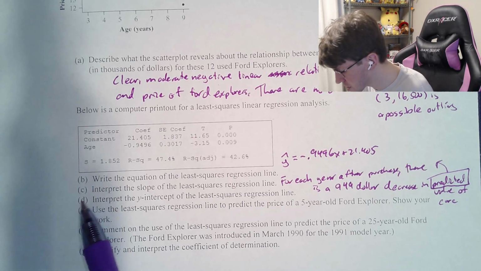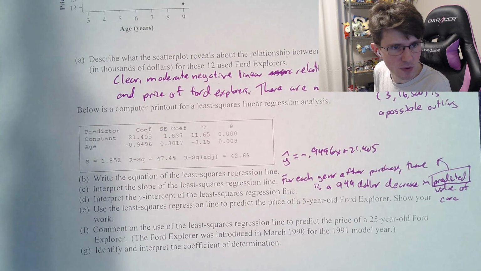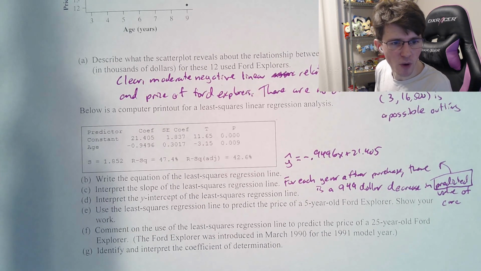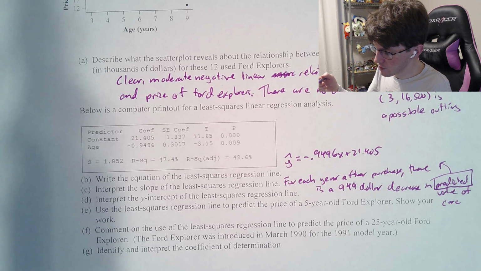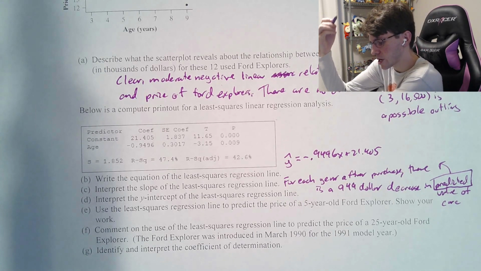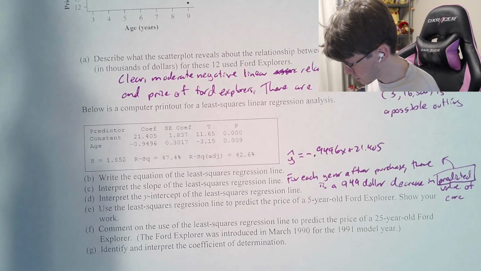For the y-intercept, I'm totally out of room for even writing this down, but what's that going to mean? The y-intercept is going to mean, in this case, if the Ford Explorer had just been purchased, the price. Maybe I should write that down anyways.